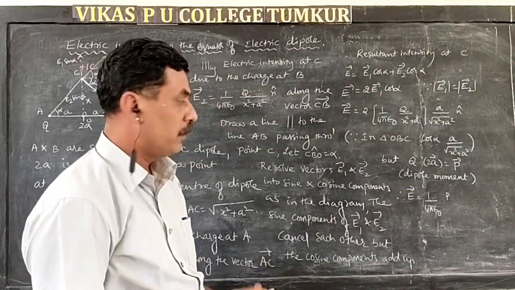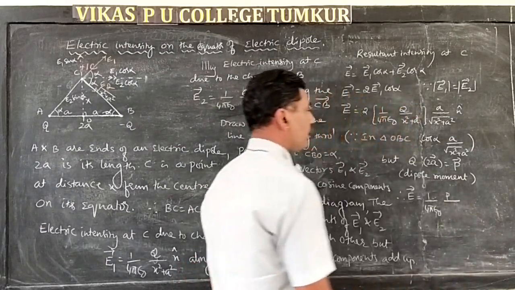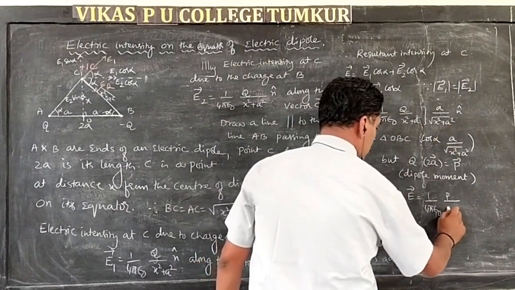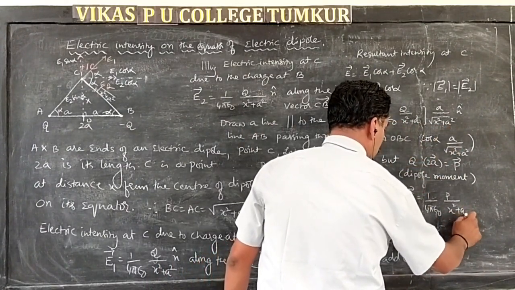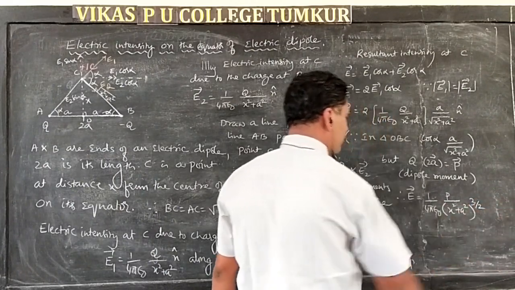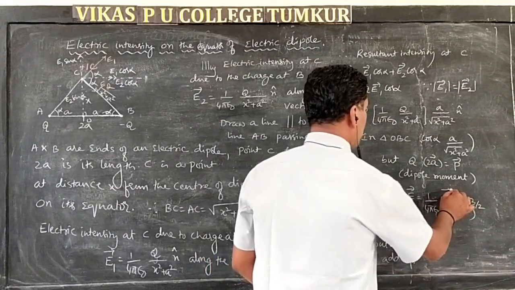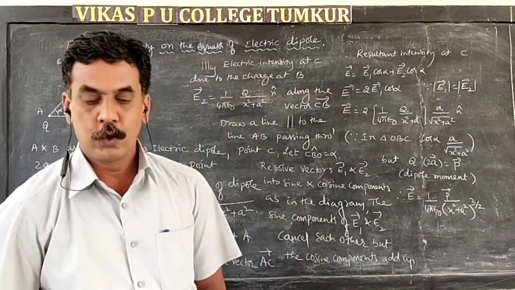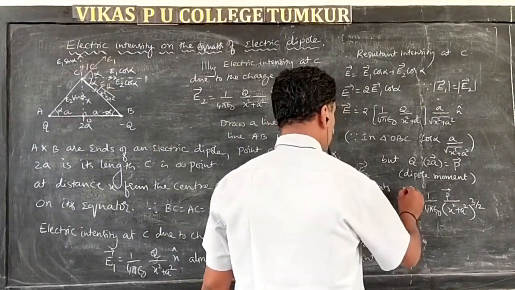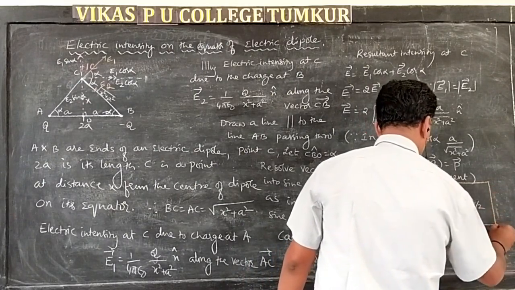So I get this as x square plus a square whole power 3 by 2. So P vector, this is the formula for electric intensity on the axis of an electric dipole.